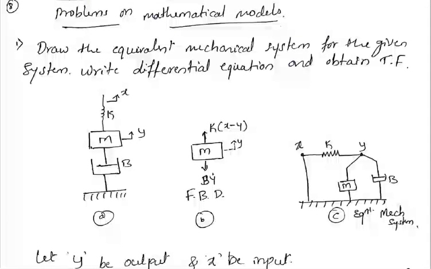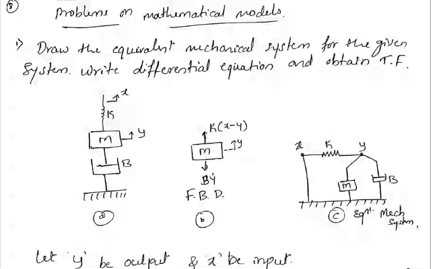So in the last video we have discussed some of the basics of Laplace transformation, what the advantages of Laplace transformation are, and how we can use Laplace transformation to define mechanical systems. Also we have seen some of the basic elements of the mechanical system, that is, we discussed the mass, spring and damper.